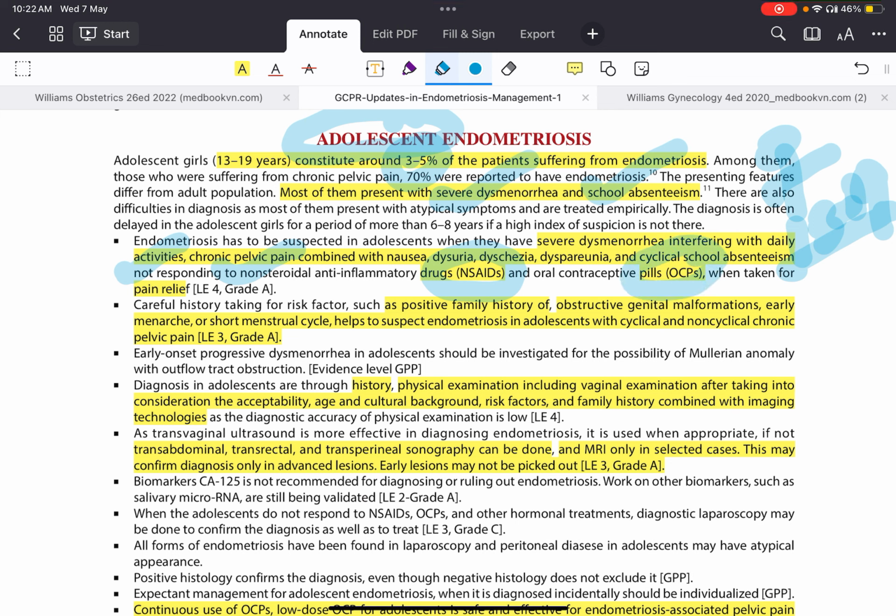And carefully, if we take history, there are risk factors such as family history positivity of endometriosis, genital malformation, short menstrual cycle. So why is age of menarche important in menstrual history? Because endometriosis is seen in case of early menarche. Short menstrual cycles also help to suspect endometriosis in adolescents with cyclical and non-cyclical pain.